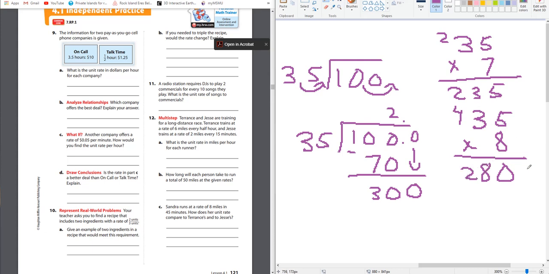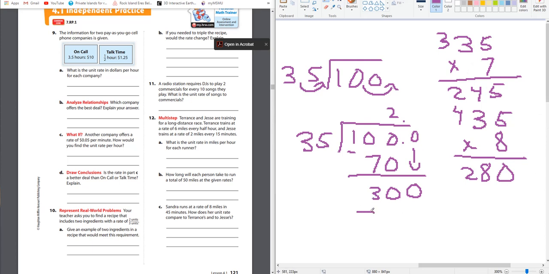Okay, that's about as close as we're going to get. Wait, there's something wrong here. Oh, that should have been a 3. That's why. Because that's 35. Okay, there we go. All right.